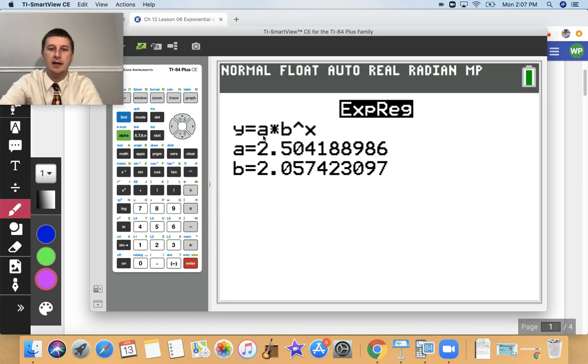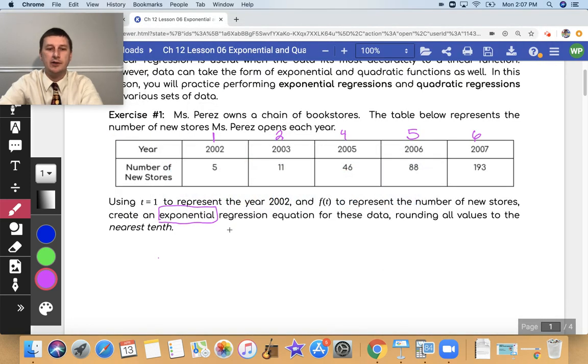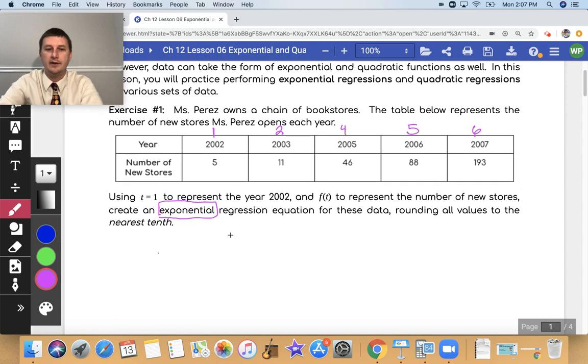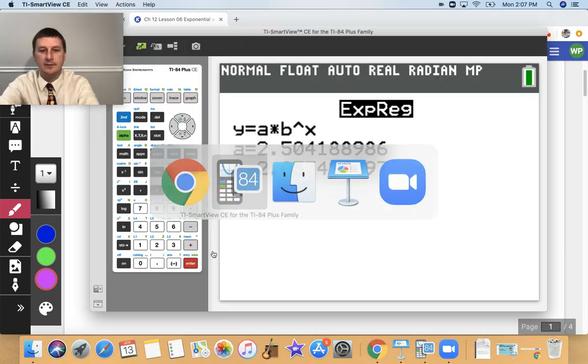Now what this does is gives you an exponential equation of a times b to the x, which you learned about in the previous chapter. And you can substitute your a values and b values into this equation. So rounding all values to the nearest tenth, we're going to have not y equals, but f of t equals, because it says to use f of t right here, a times b to the x.